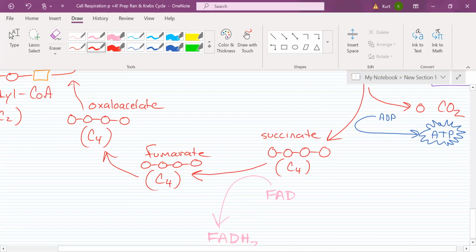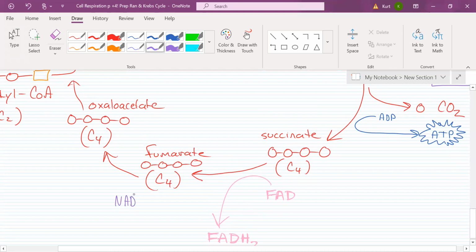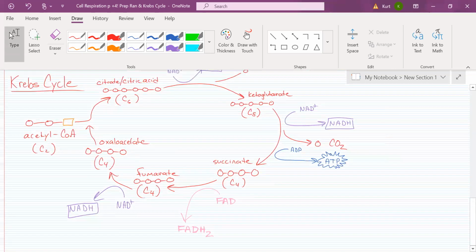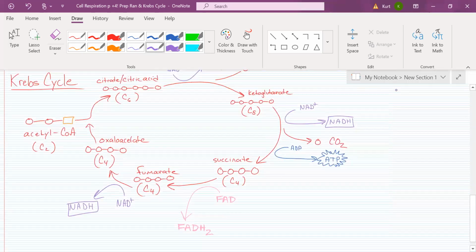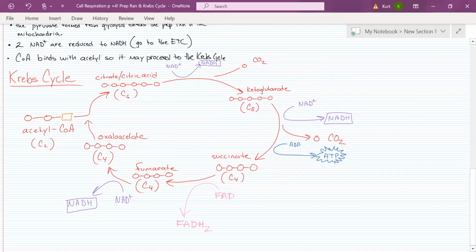Okay, this last step to finally complete the cycle. You have NAD plus being reduced one more time. Make NADH. That's it. That is the citric acid cycle.